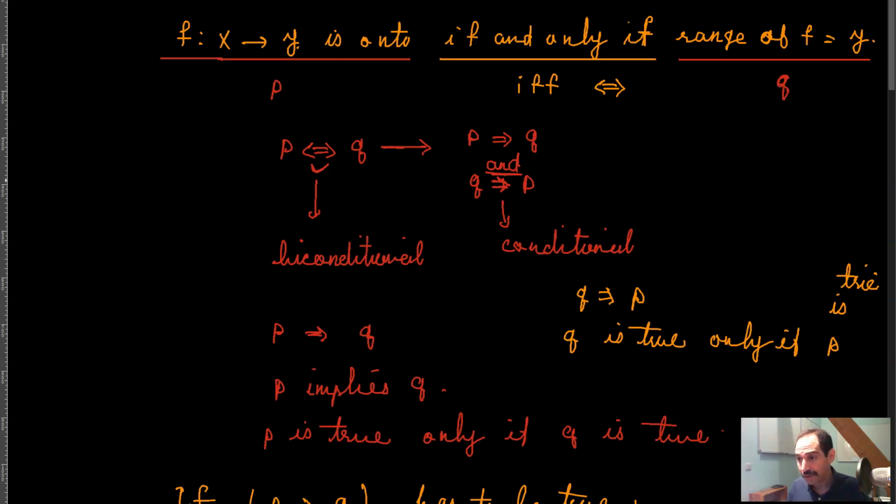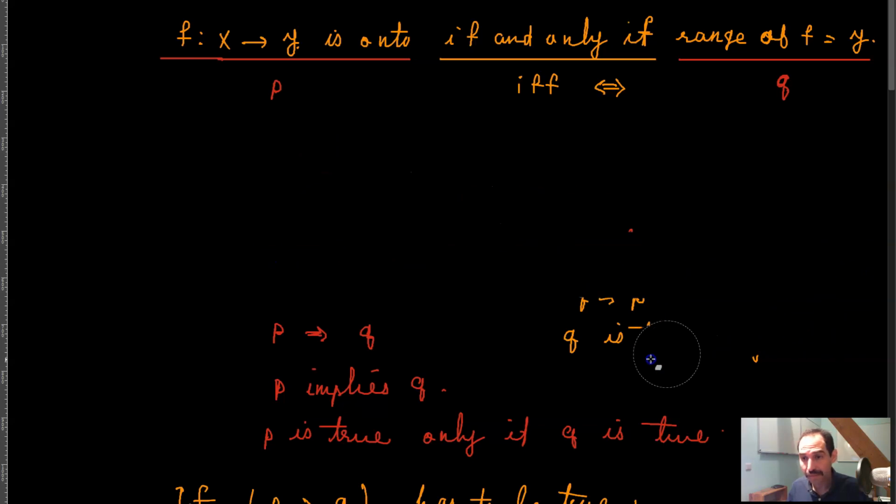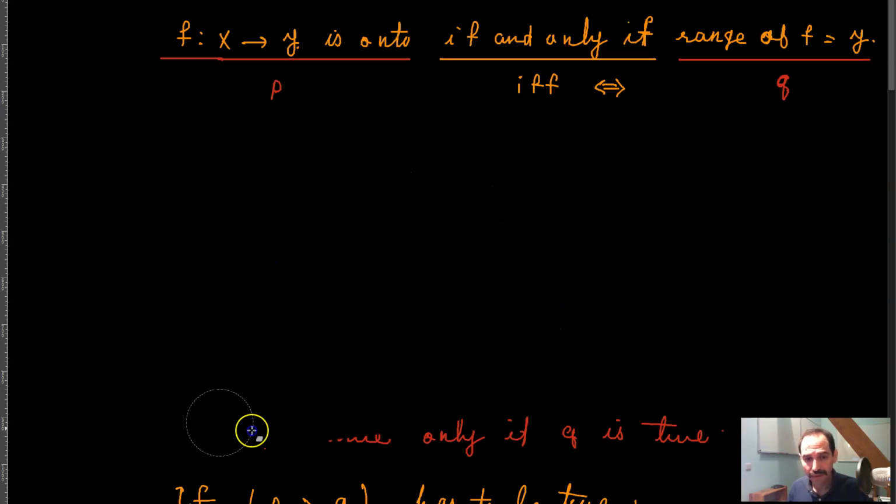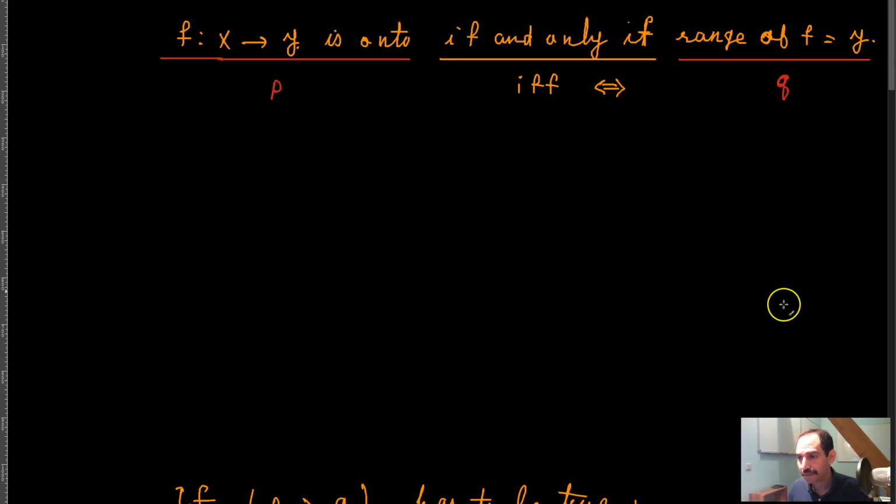So that means P implies Q and Q implies P. Now P implies Q means, if I want to write it down in English, that f as a function from x to y is onto.